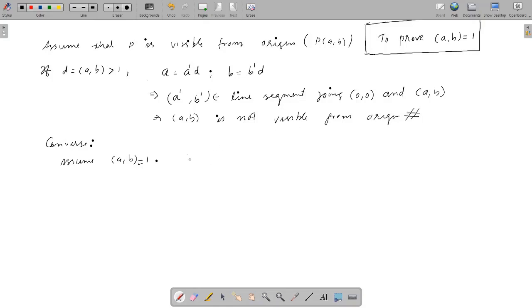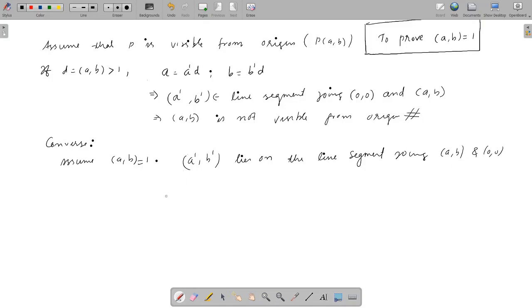So assume that there is a lattice point A prime B prime that lies on the line segment joining AB and 0, 0.